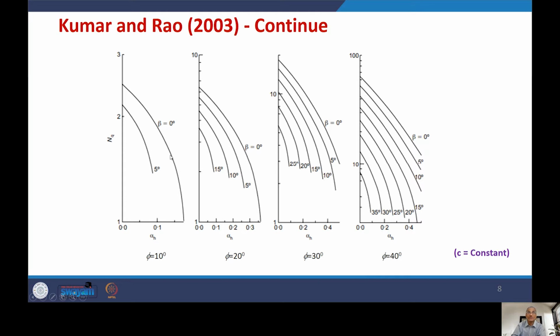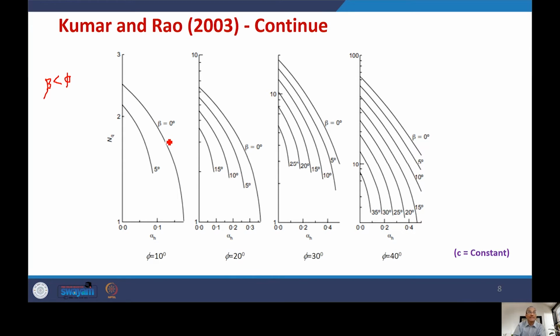That means it is assumed that beta should be less than 5. All the charts get terminated in this case; for phi of 10 degree, it is up to 5 degree, for 20 degree it is up to 15, and 30, and so on. So you could see that.